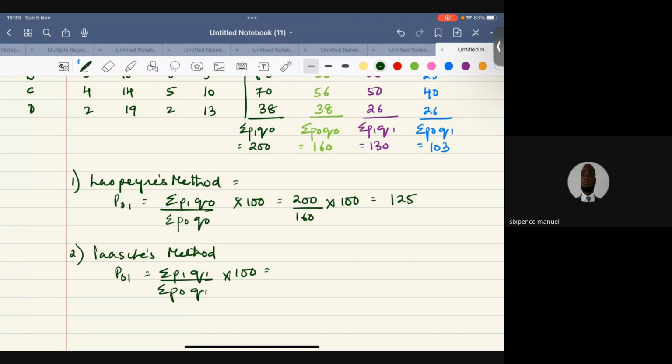So here it will be P1 Q1 is 130 divided by P0 Q1 is 103 multiplied by 100. Answer? 126.2.